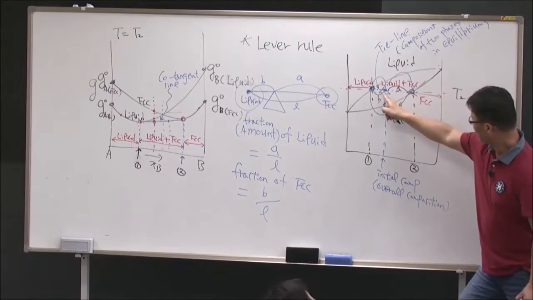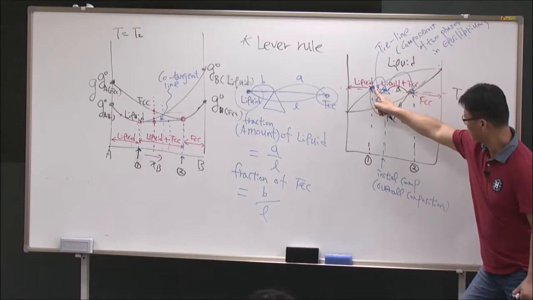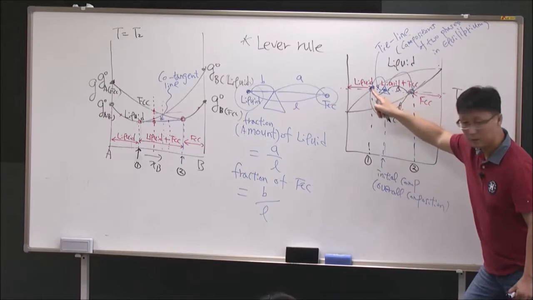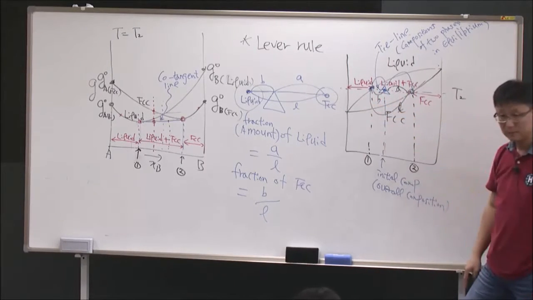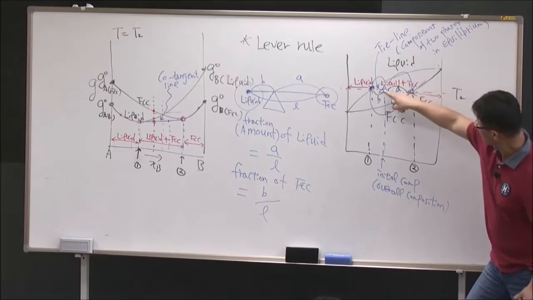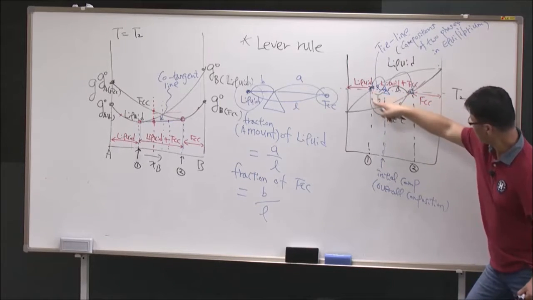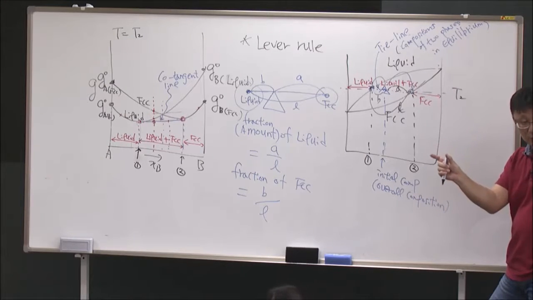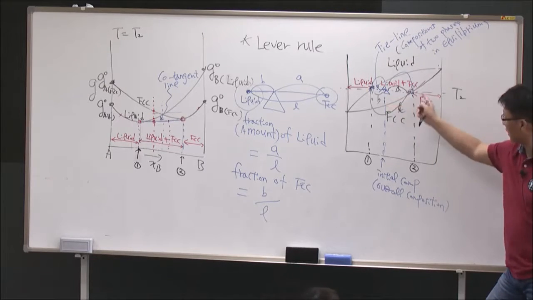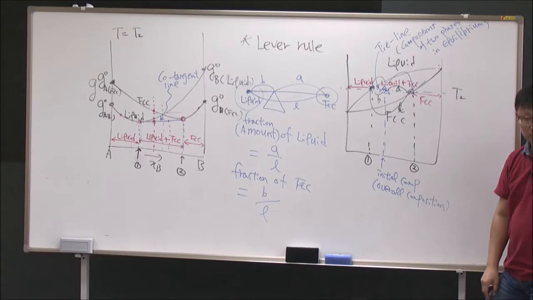Okay? The amount of liquid phase is A divided by L. The amount of FCC is from the other side, so B divided by the entire length L. That's the fraction of the liquid phase and the FCC phase. That's simply the lever rule.